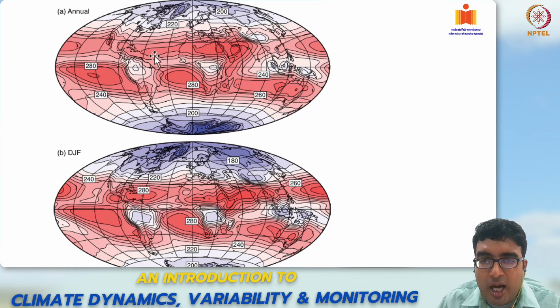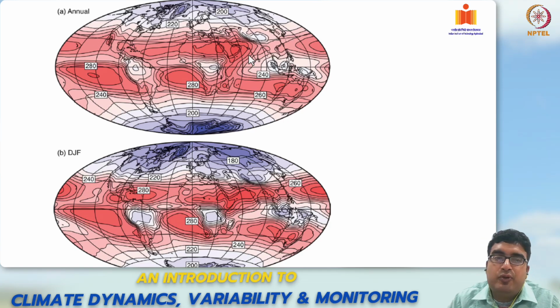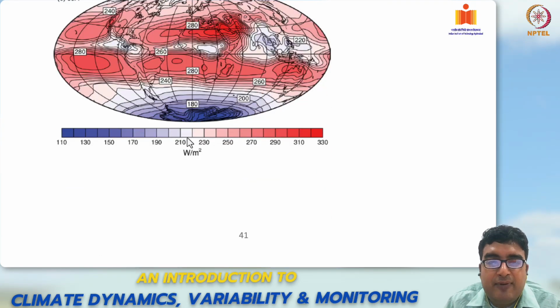So here are the charts for the annual variation of the outgoing thermal radiation into space. The values are given from 110 watt per meter square to 330 watt per meter square. So a very large variation in the effective outgoing thermal radiation for these cases.